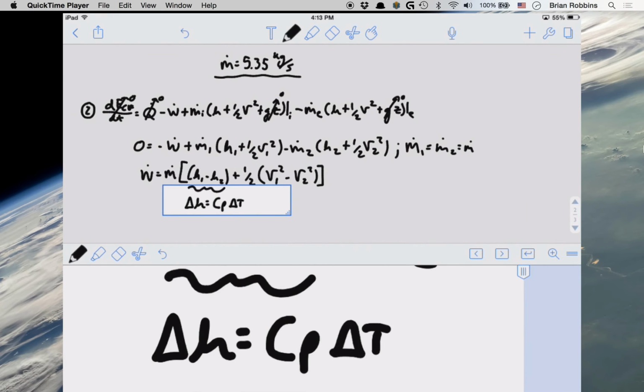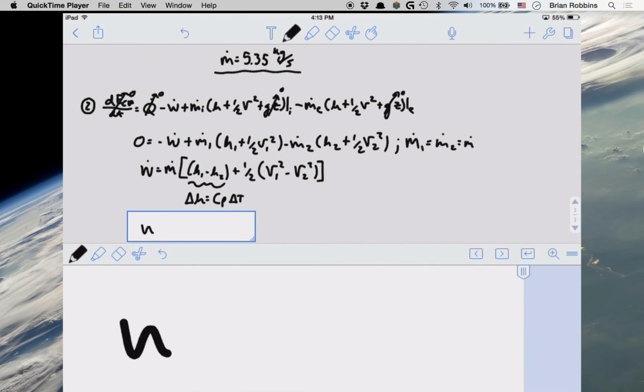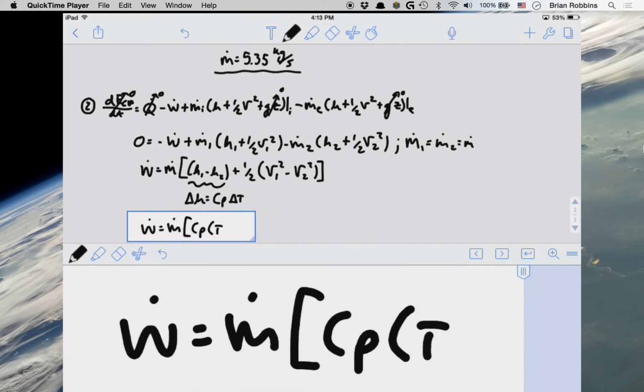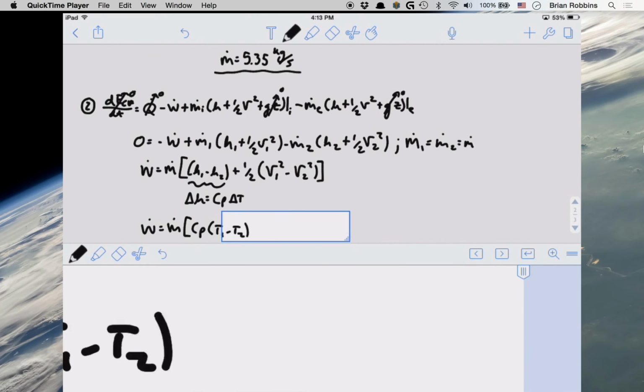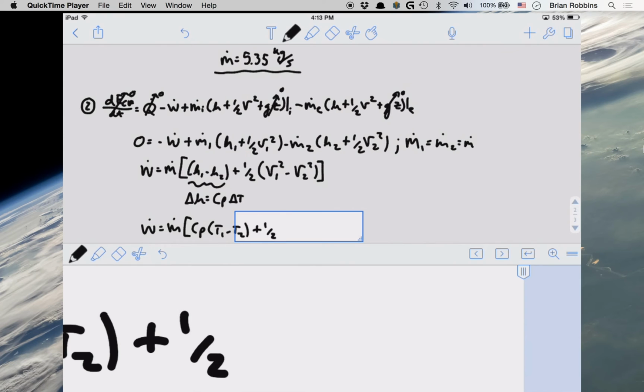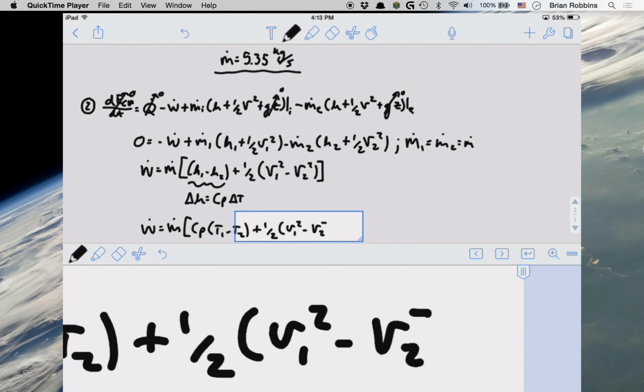So just plugging that into our expression, we get that the power is equal to m dot times Cp times (T1 minus T2) plus 1/2 (V1 squared minus V2 squared). And there's our final expression to calculate the amount of power that's required for us to put into our compressor in order to change the states from the inlet to the outlet conditions.